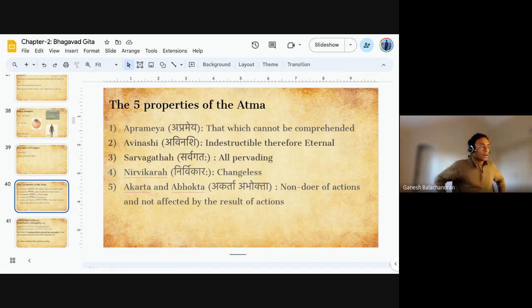The Vedanta, the Bhagavad Gita, it has a structure. So it is very important that we study under a competent acharya.